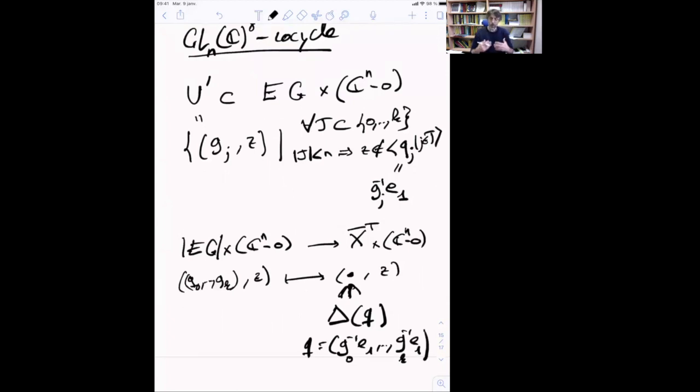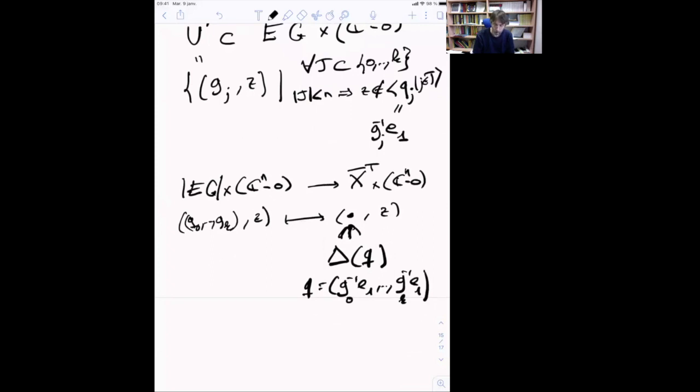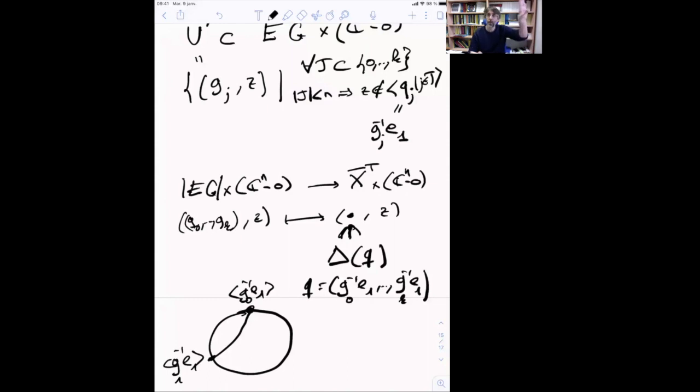So in more geometric terms, we consider at infinity G0 minus 1 E1, G1 minus 1 E1, and we draw the simplex or modular symbol that are associated to this. So if k is less than n minus 1, all the simplex sits at the boundary at infinity.